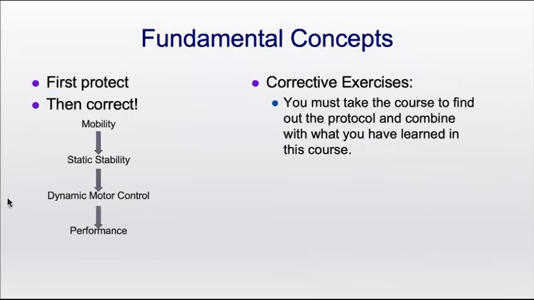Okay. Now, remember, what's the purpose of this FMS? The purpose of this is to try to prevent future injury in athletes. Now, we're not going to go through the corrective exercises. You kind of need to take the course to go through and learn all of the proper correctives.